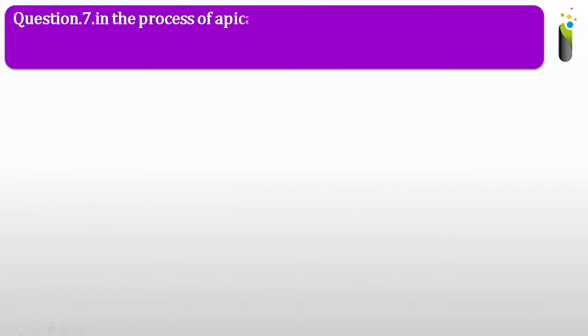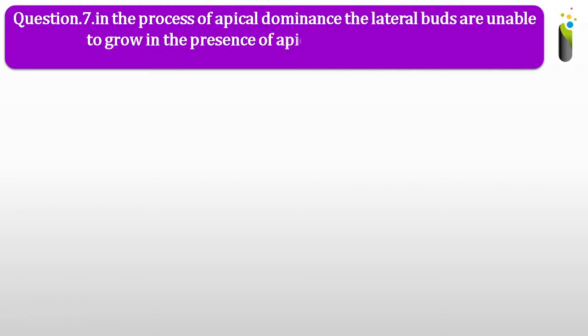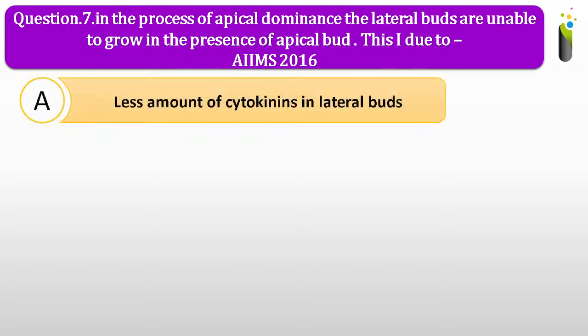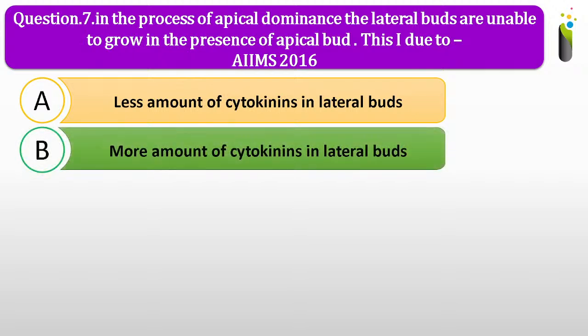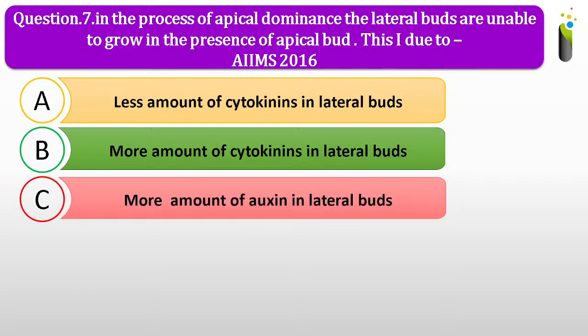Coming to the next question, number 7. In the process of apical dominance, the lateral buds are unable to grow in the presence of apical bud. This is due to dash. A. Less amount of cytokinins in the lateral buds. B. More amounts of cytokinins in the lateral buds. C. More amounts of auxins in the lateral buds.